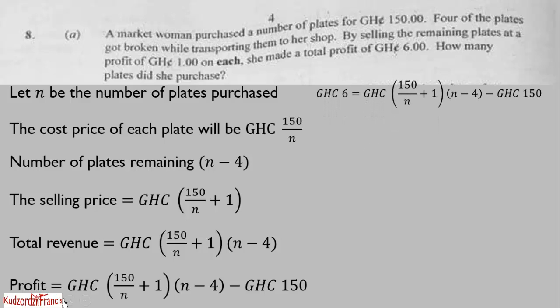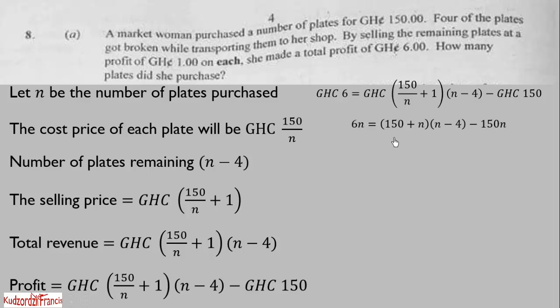So we equate this to the profit. Then it has become an equation that we can expand and solve. So we multiply through by n to get 6n is equal to 150 plus n times n minus 4 minus 150n.